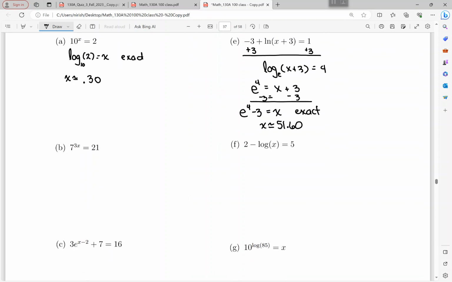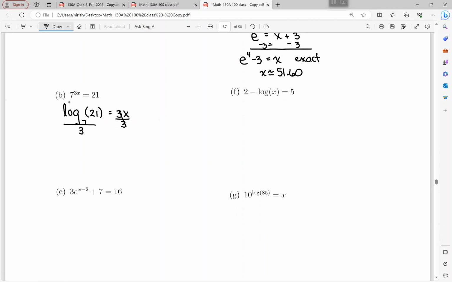So on letter B, it's an exponential, it's already by itself, so rewrite it. Log base 7 of 21 equals 3x. Solve for x, divide both sides by 3. And then figure out first what log base 7 of 21 is.